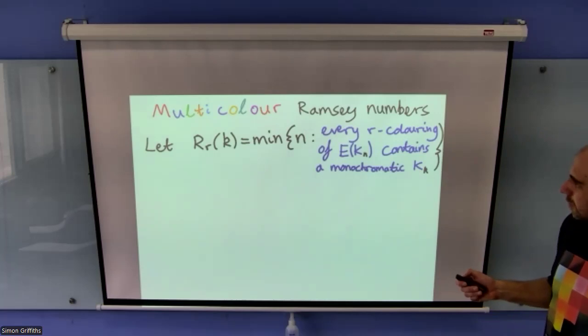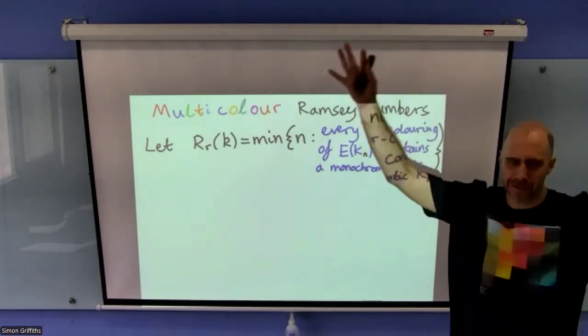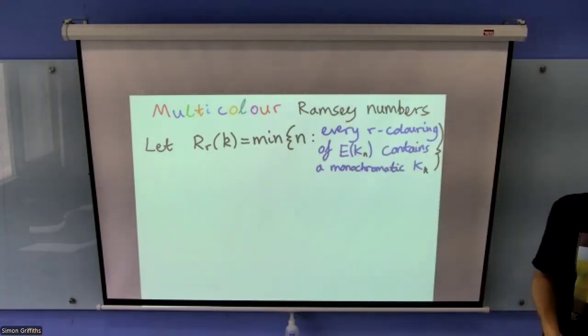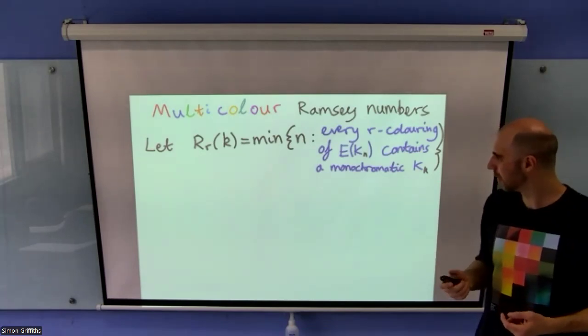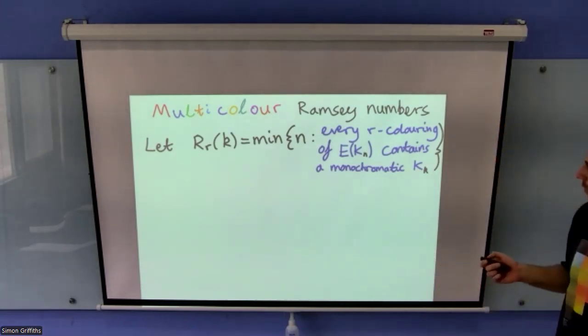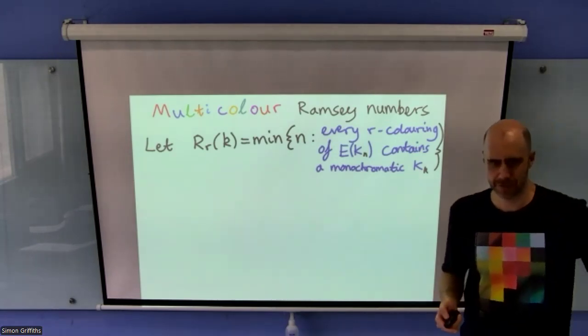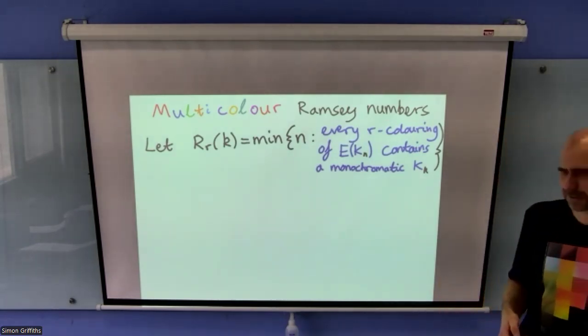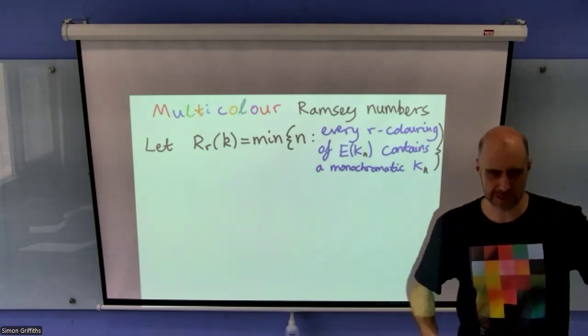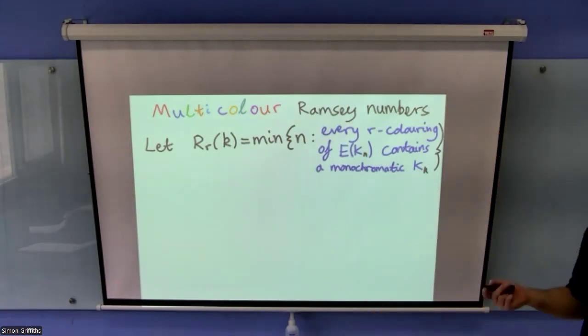And so this first diagonal one would be: what's the smallest n such that in every coloring of K_n with R colors, I can guarantee a monochromatic clique of size K? It's the same idea, it's just that now instead of 2 colors, instead of a red-blue coloring, it's R colors.